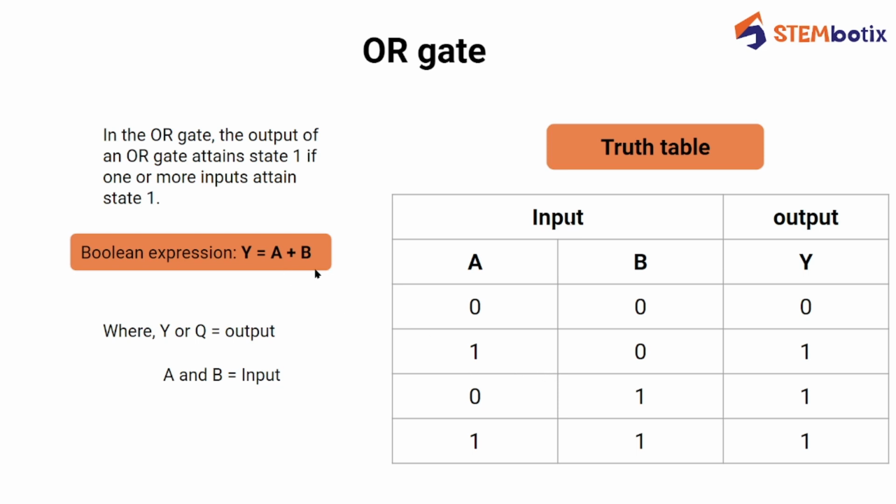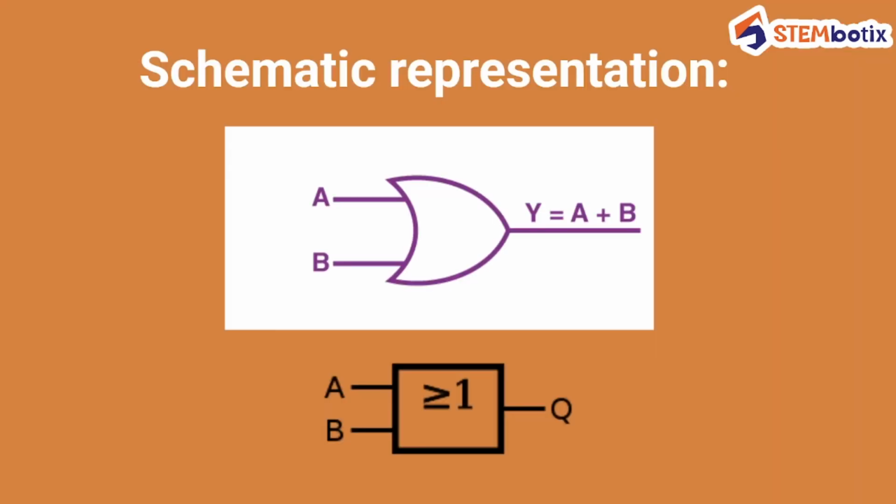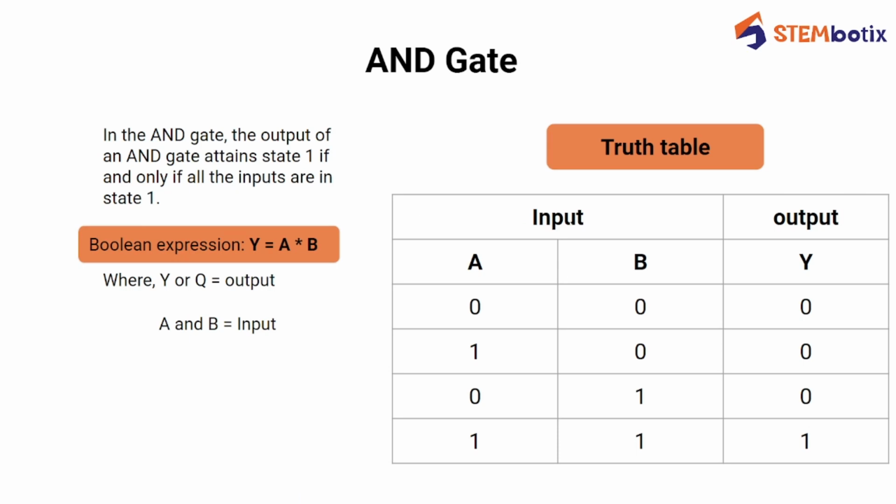So it performs a simple summation operation. In the OR gate, if both inputs are 0, and only then, the output is 0. If one or both of them are non-zero, the output will be 1. So this was the OR gate.